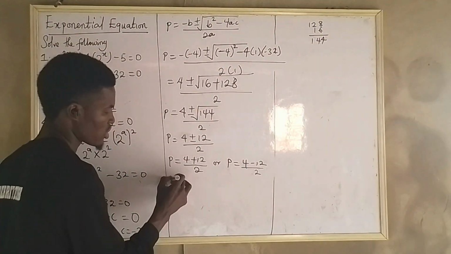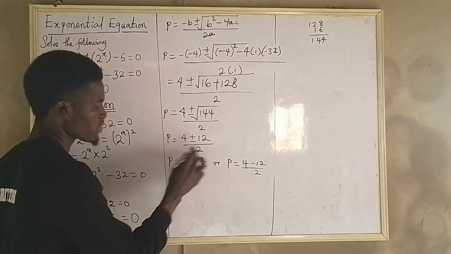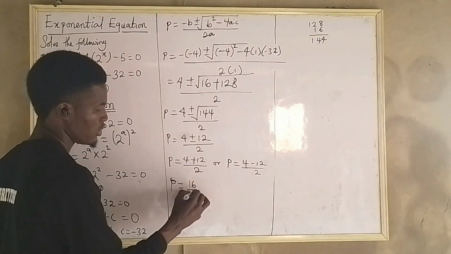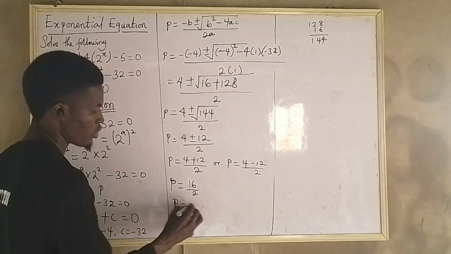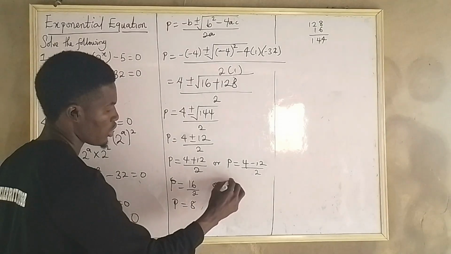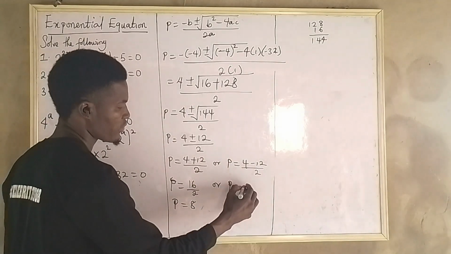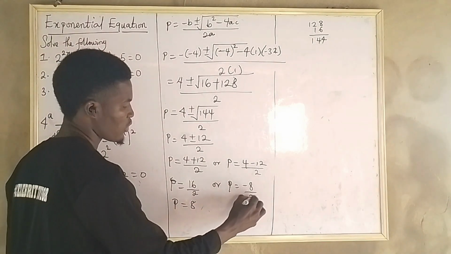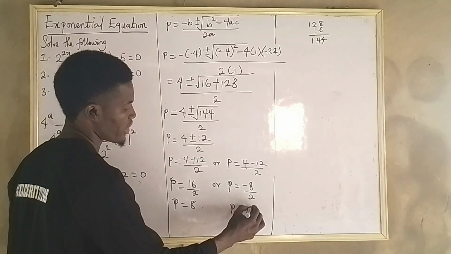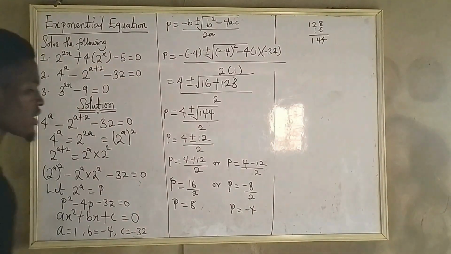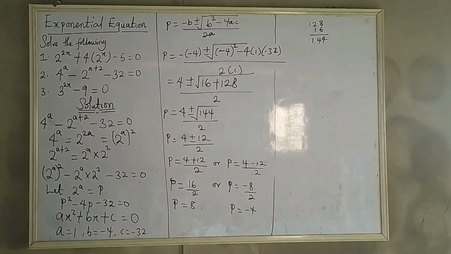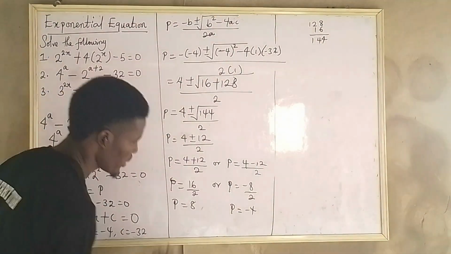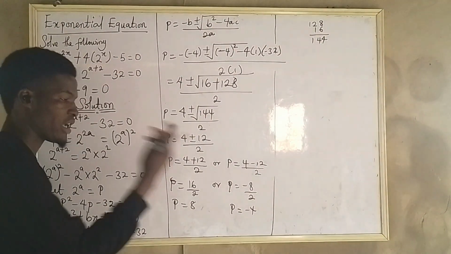This will give me p equal to 16 over 2, p is equal to 8. Or p is equal to 4 minus 12, that's minus 8 over 2, p is equal to minus 4. Alright, so p is equal to 8 and minus 4.